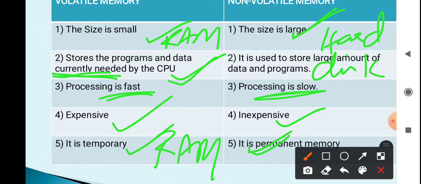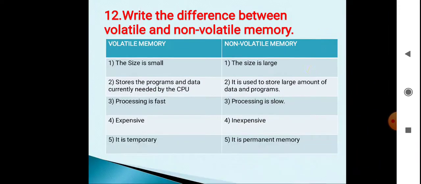Processing speed in volatile memory is fast, and in non-volatile memory it is slow. Volatile memory is expensive, non-volatile memory is inexpensive. Okay, so these are all the differences between volatile and non-volatile memory.